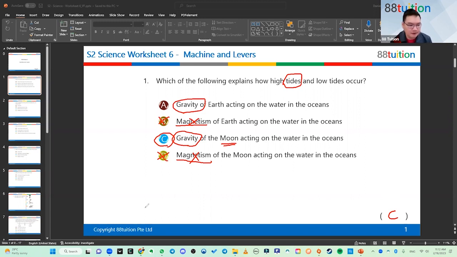Can you type in C in the chat box? Type in C. Like this. Everybody type in C. C, C, C, C. How about Jocelyn, Ezekiel, Sherman? Can you type in C?